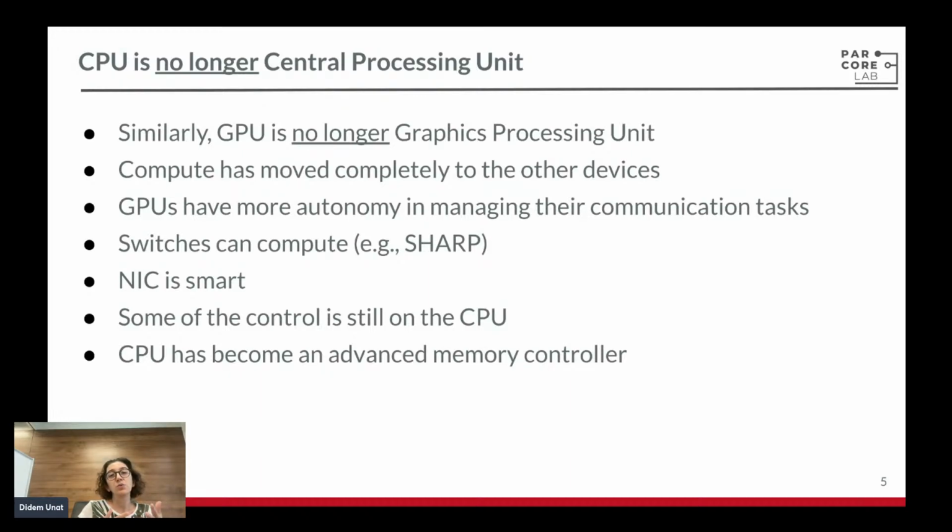So compute has moved completely to other devices, and GPUs gained more autonomy in managing their own computation and communication tasks, and switches can compute, they became smarter. Some of the control is still on the CPU side, like you still need the CPU for the operating system and certain tasks. So the CPU has become more of an advanced memory controller.